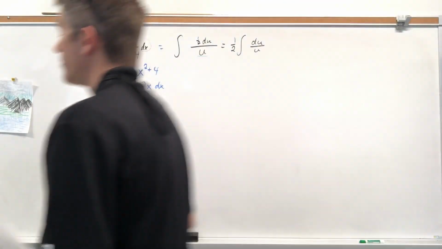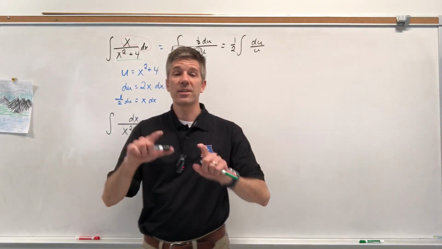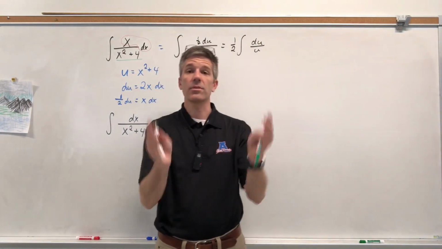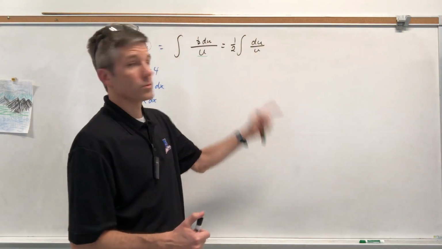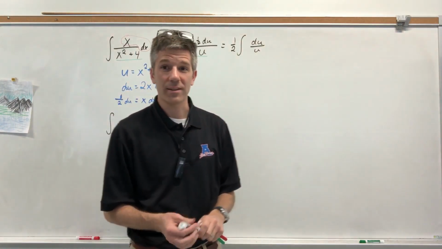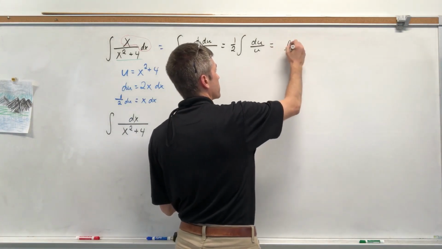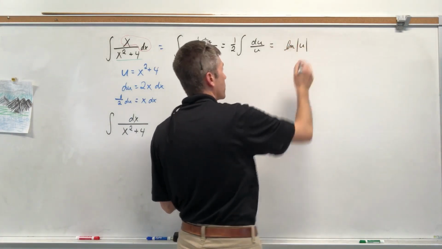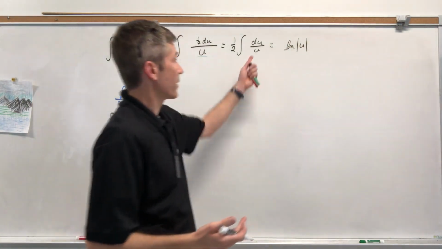So if I am dividing by something where collectively the denominator is to the first power, then I can use natural log in the integration. So that denominator is to the first power, so it's really natural log of absolute value of u. You can't take the log of a negative number or of 0. Well, and you can't divide by 0 anyway.